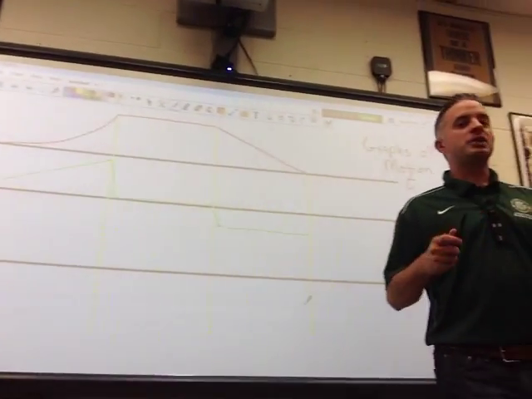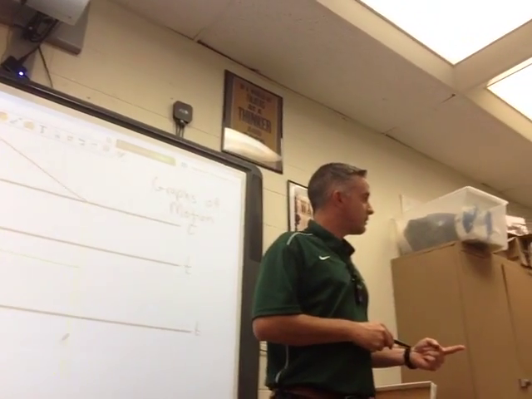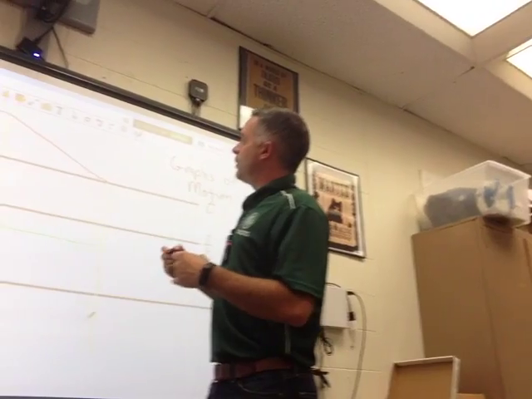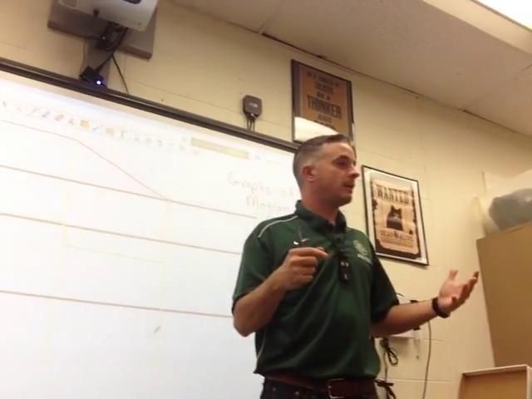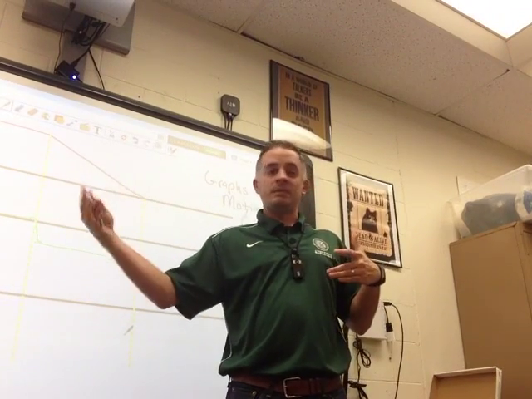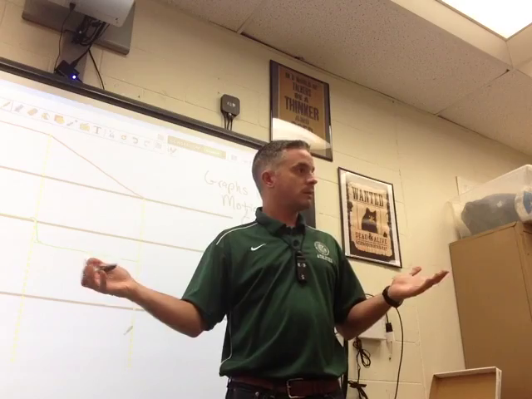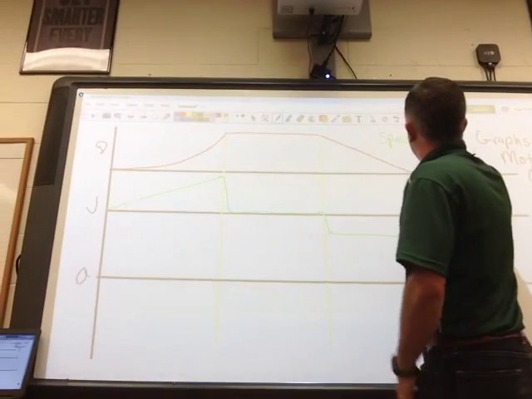So the only time we actually have speed is when your distance changes. Does that make sense? Okay. So then, just by looking at this, we can define speed to be the change in distance with respect to time. Does that make sense?